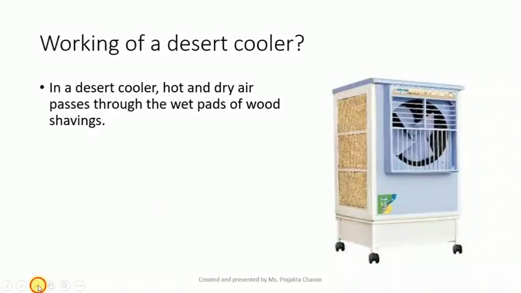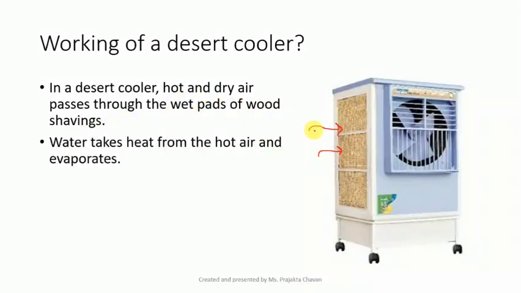So there is circulation of water. Water always circulates through the dry grass or wood shavings. So whenever hot air passes through these wet pads of wood shavings, what will happen?